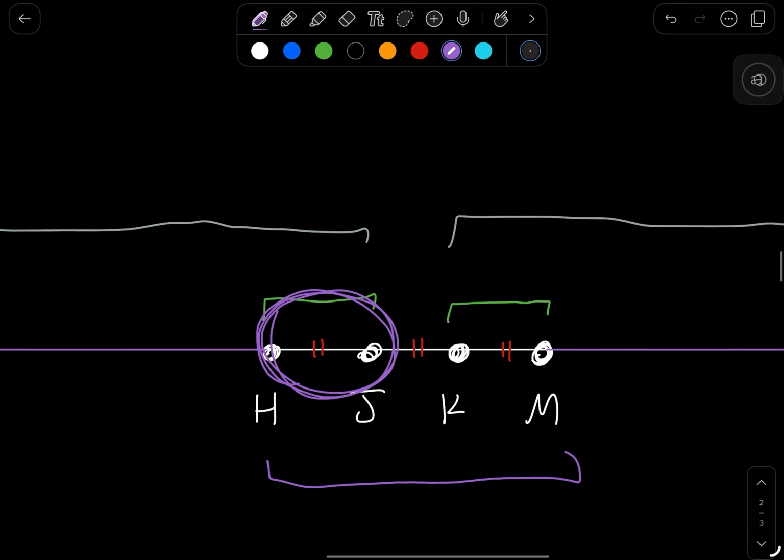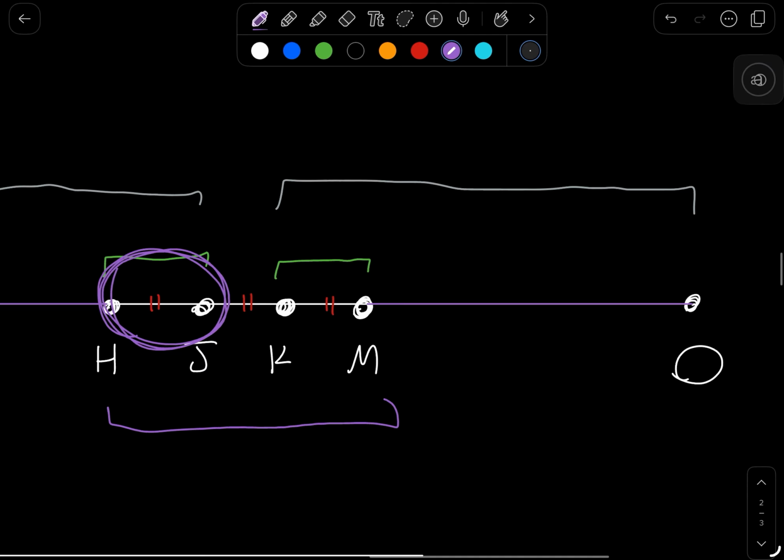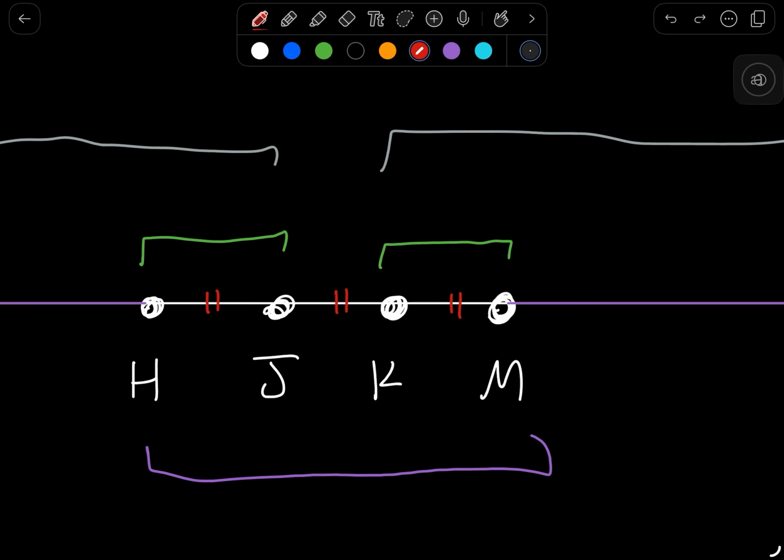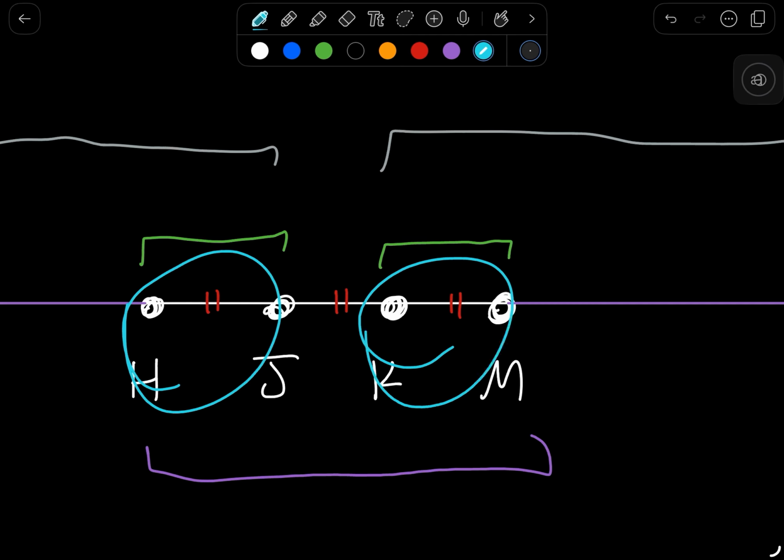Similar logic: to get from OM to OK, you have to add KM. But in order to do that, we probably have to prove something is congruent. In this case, we're trying to prove that HJ is congruent to KM.